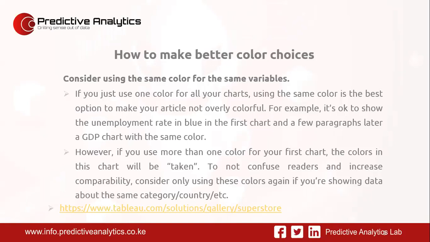So if it's red, it has associated with danger, or if you've chosen red for male, it has already associated it with male. So to not confuse readers and increase comparability, consider only using these colors again if you're showing data about the same category, country, etc.